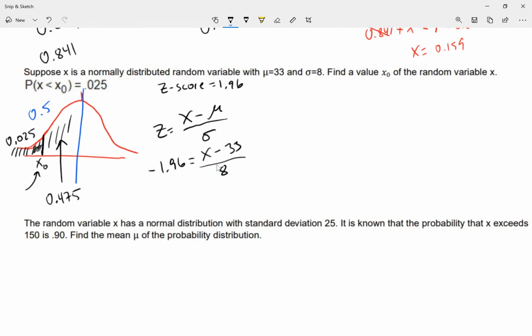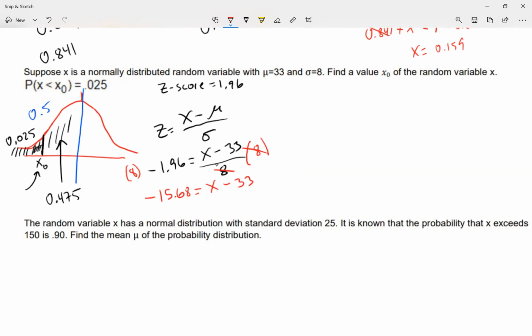So doesn't this look like a simple algebra question? Okay, let me get rid of fractions. Let me multiply both sides by 8. And the reason why, because that way this 8 cancels out. Now negative 1.96 times 8 is negative 15.68. And that is X minus 33.